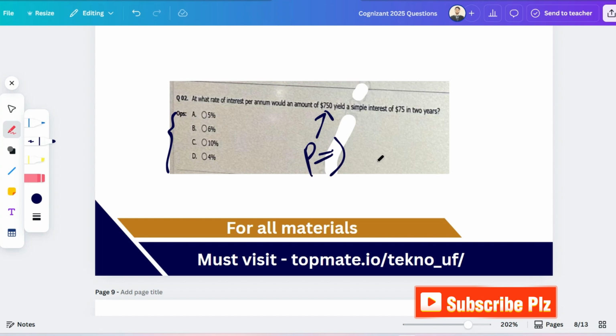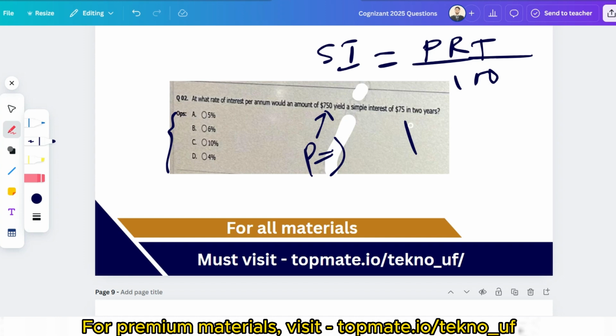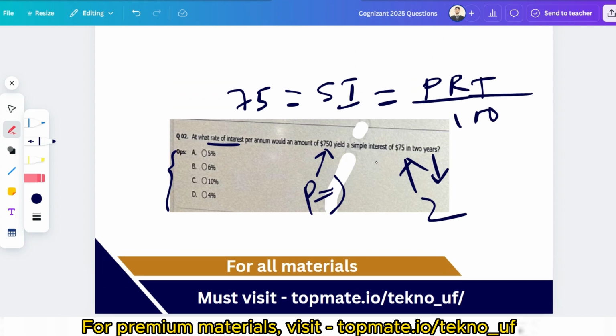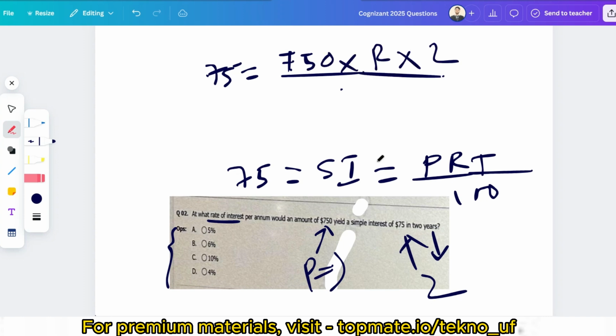I hope you know the formula for simple interest, that is PRT by 100, right? The value of P is equal to 750, the simple interest is 75, and the time T is equal to 2. All the values are given; we just need to calculate the rate of interest, the value of R. So 75 is equal to 750 into R into 2 by 100.